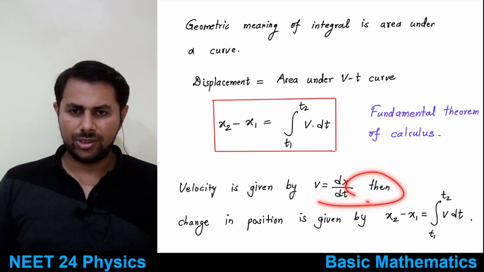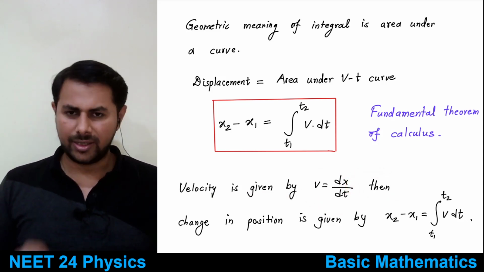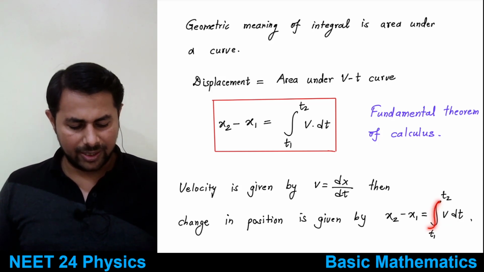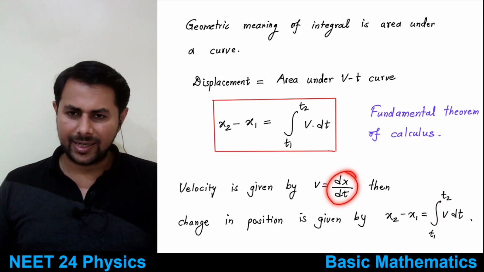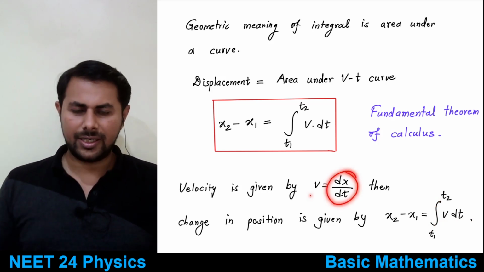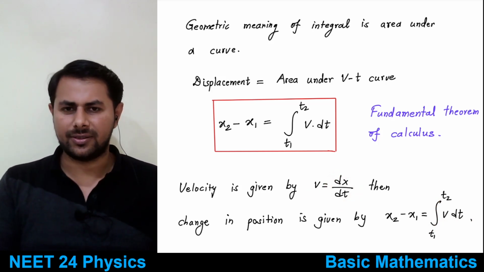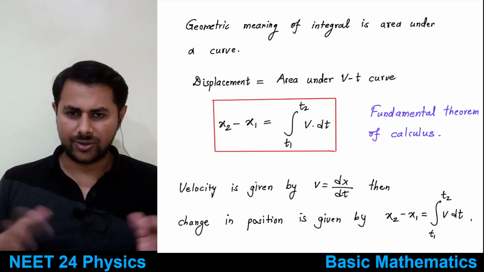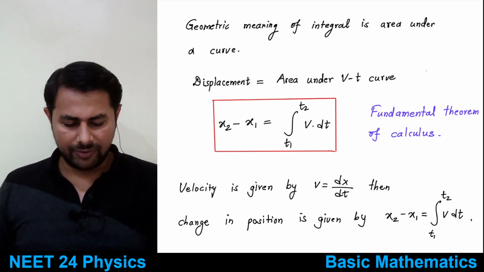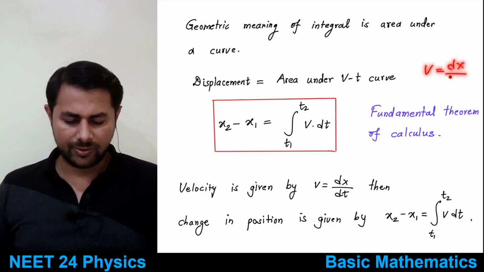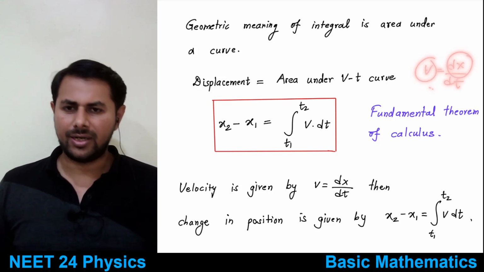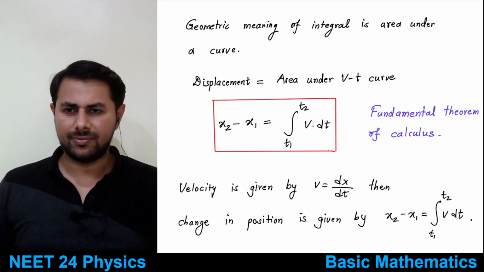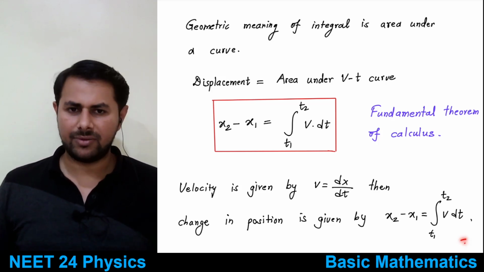Then change in position is given by the integration of v dt. So the derivative of x is v, and if you integrate v, you will get x. So that's the relation. Okay, this thing is clear, everyone?